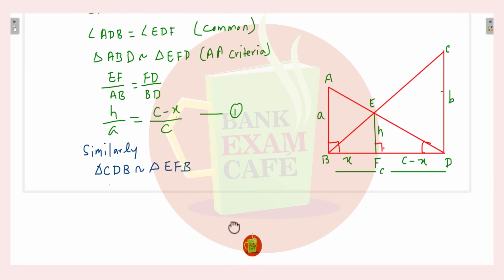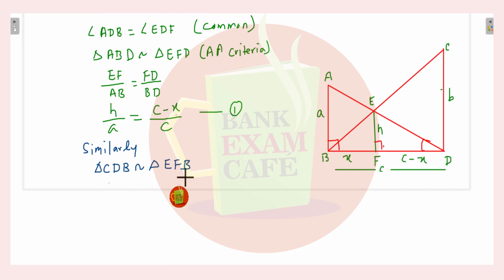And now since these two triangles are similar, the ratio of their corresponding sides will also be equal, and therefore EF upon CD, which are the corresponding sides, is equal to BF upon BD, correct?